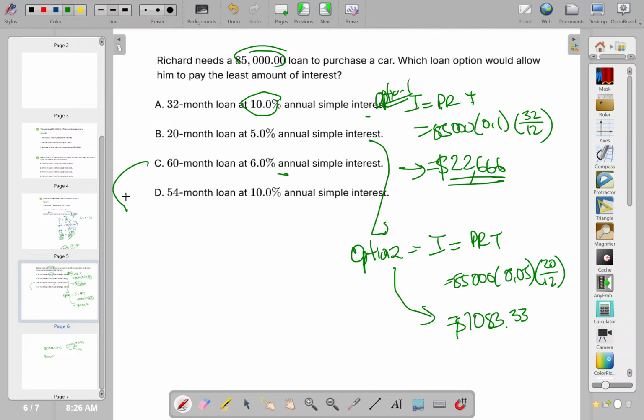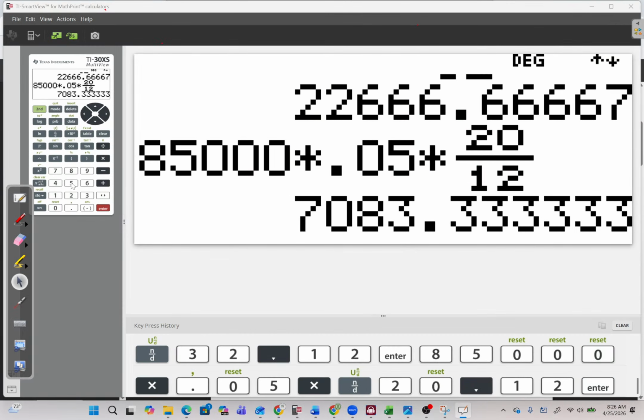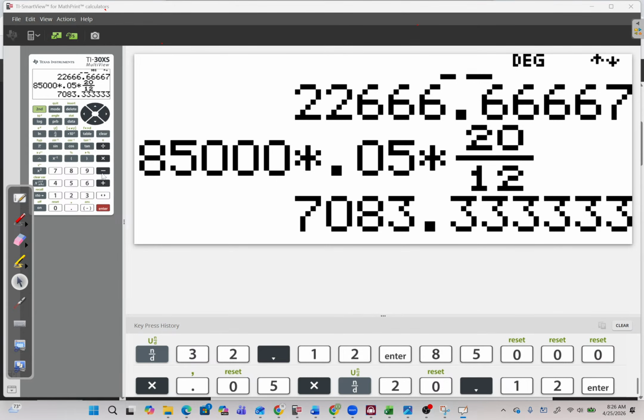Let's go to the 60-month option now. That's going to be I equals PRT. That's going to equal 85,000 times rate, as a decimal, 0.06, times the time. That is 60 over 12. Now, I already know that is 5 years, so I don't have to put 60 over 12, but we're going to follow suit like I did with all the others.